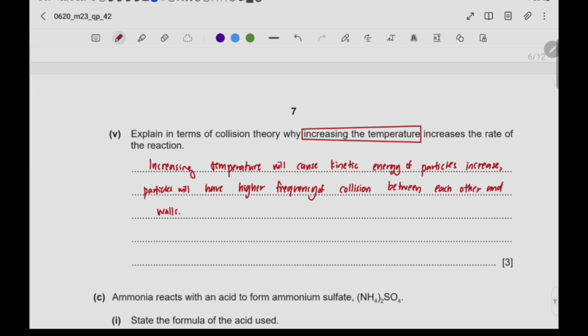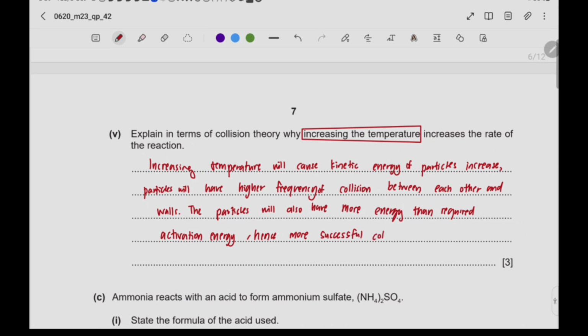Also, because of the increase in temperature, the particles will also have more energy than the required activation energy. Hence, more successful collision. Because whenever you have more frequency of collision, it's not really 100% helpful. But successful collision is the main important thing.